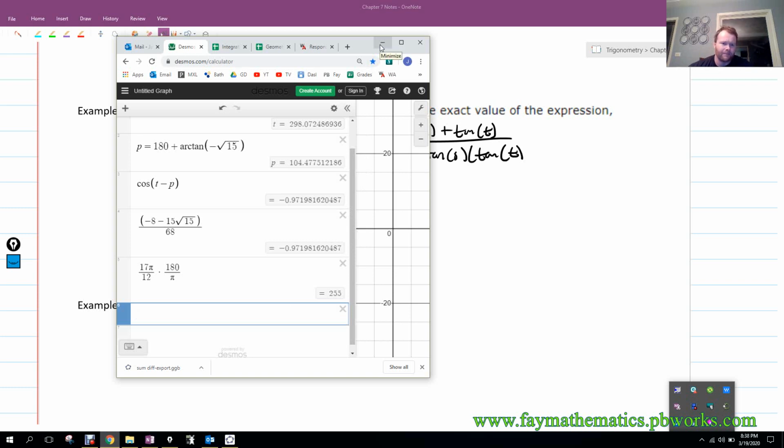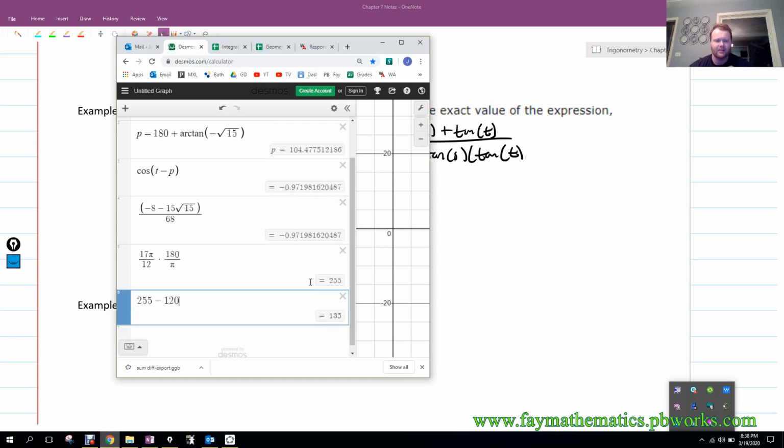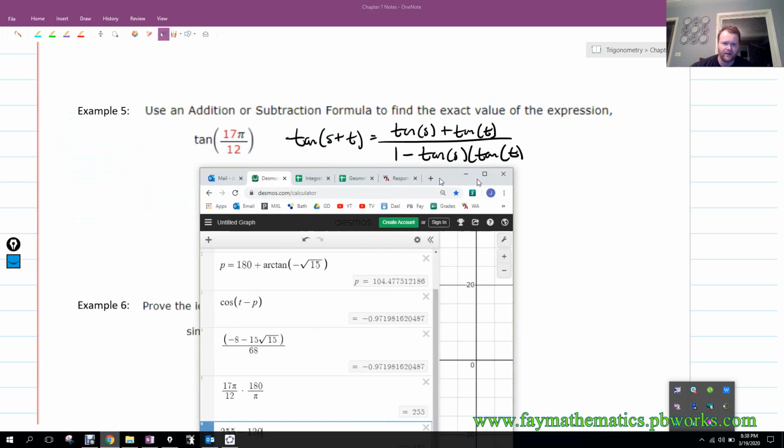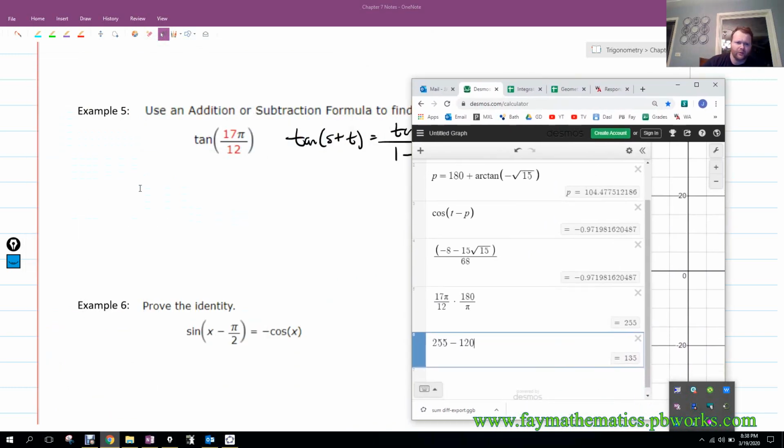Right away I see 255 minus 120 gives me 135, and 135 and 120 are two values off the unit circle that we know. So I'm going to go 255 and 120.